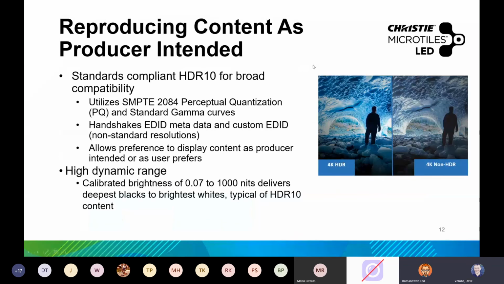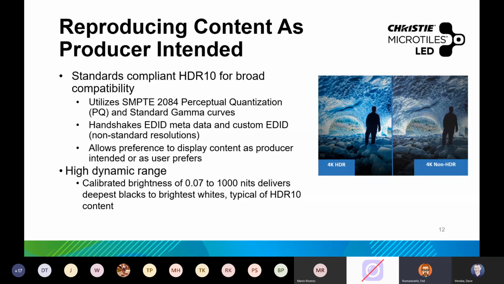What I'm going to do is break down each of these and speak to them in more depth. Really for us, especially with brand conscious companies and for the end user, it's about being able to enjoy the content as the original producer intended.